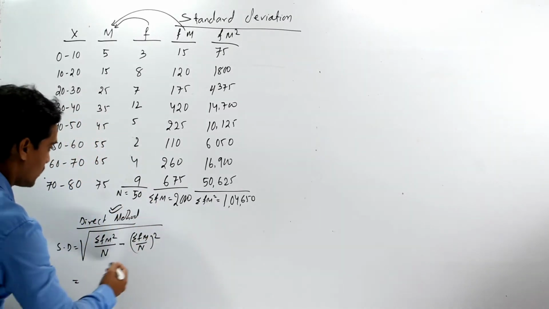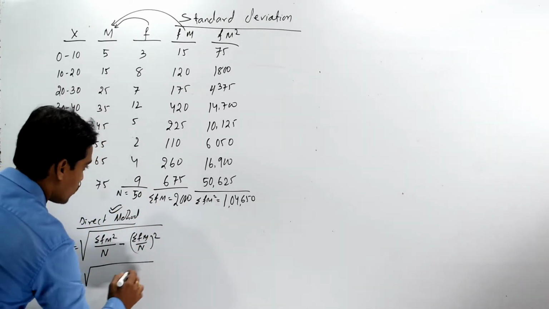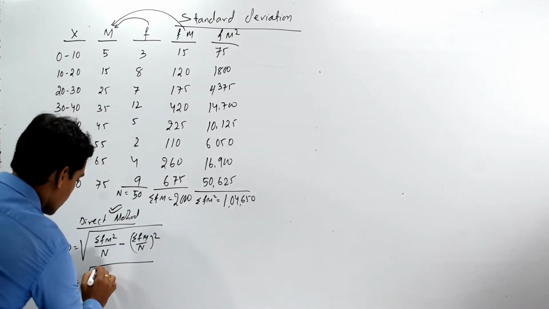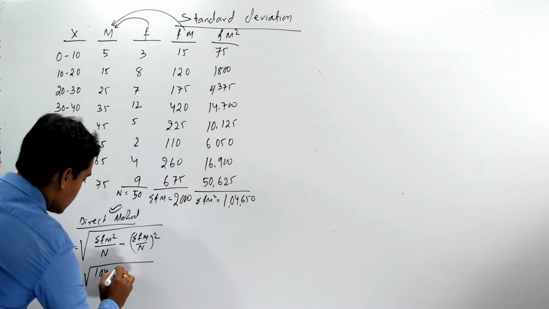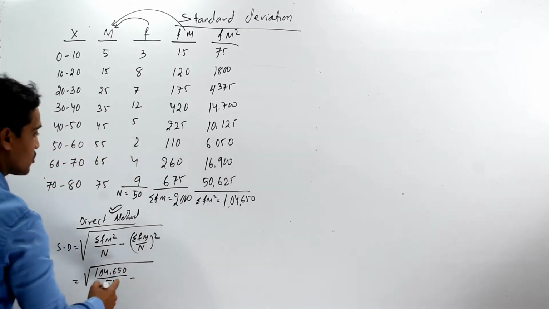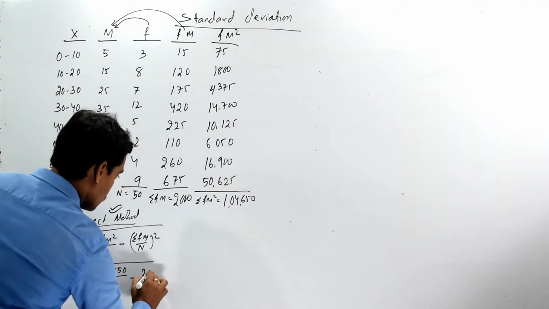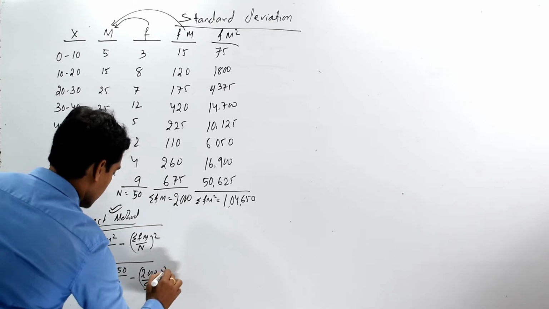So now putting the values, that is whole root of summation fm square, that is 1,04,650 divided by 50 minus summation fm, that is 2,000 divided by 50, whole square.